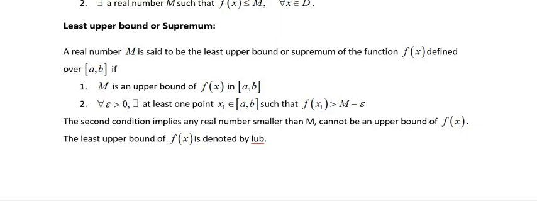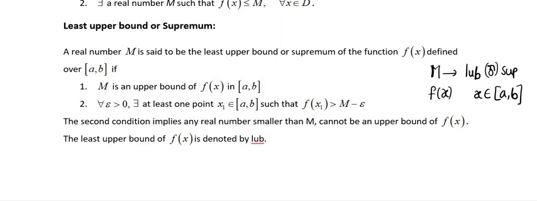So once listen, a real number capital M is said to be least upper bound or supremum of a function f of x defined over closed interval a comma b.